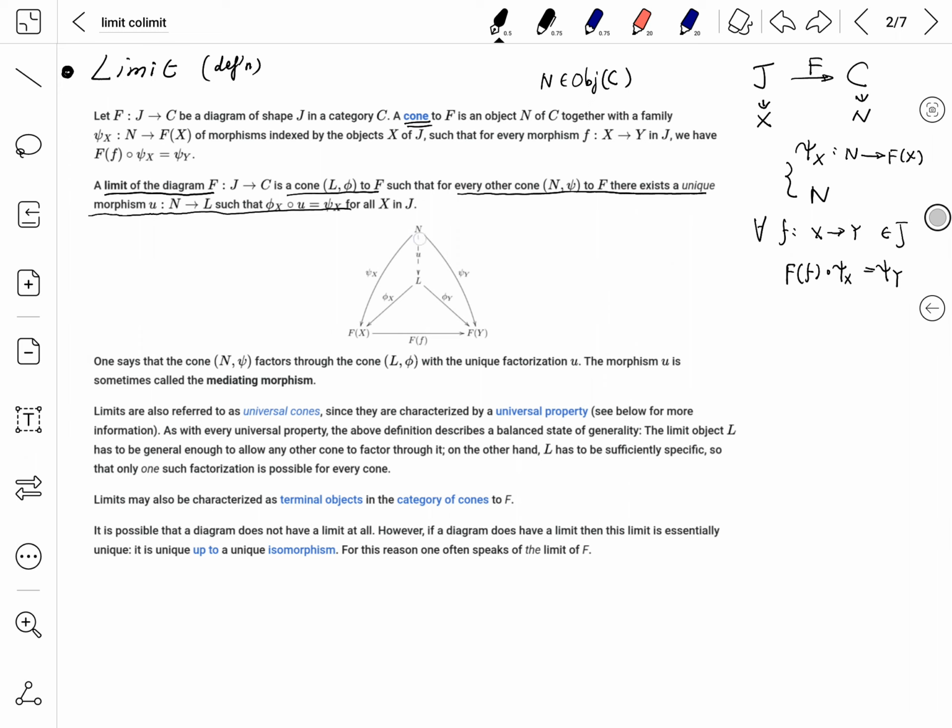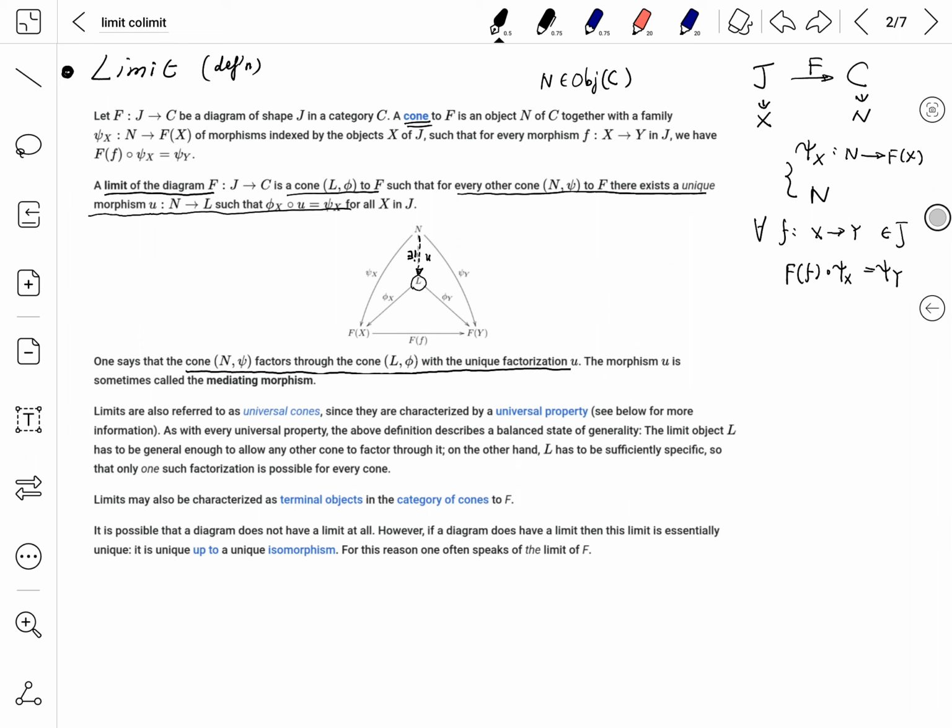The important thing is this direction: there exists a unique map such that N factors through L. This is the universal property. This is the object that satisfies the universal property, and L is called the limit. The cone factors through with a unique factorization.